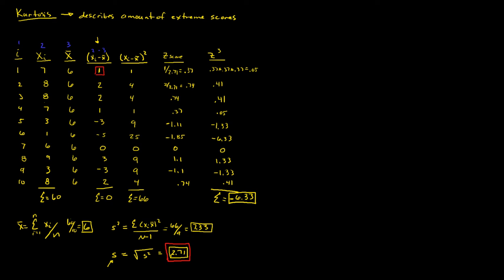In other words, more or fewer, relative to or departures from what kind of scores you would get from the standard normal curve, which has a mean of 0 and a standard deviation of 1.